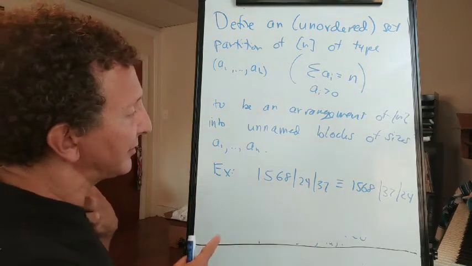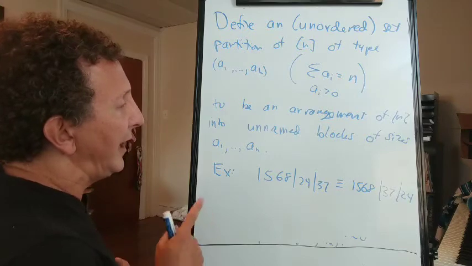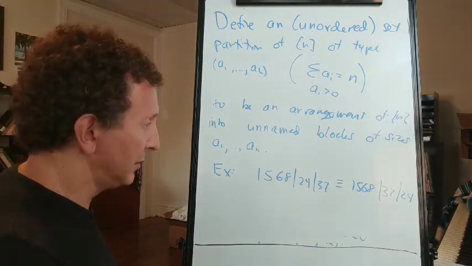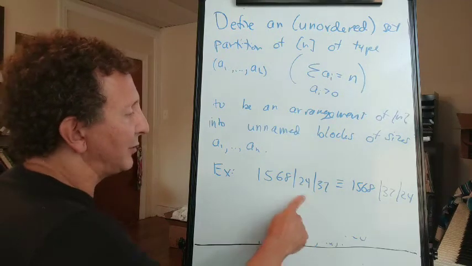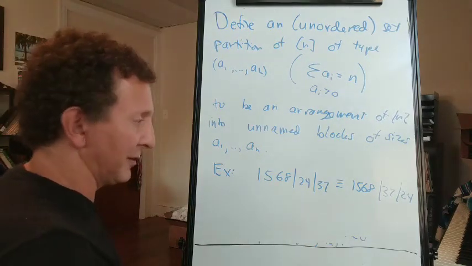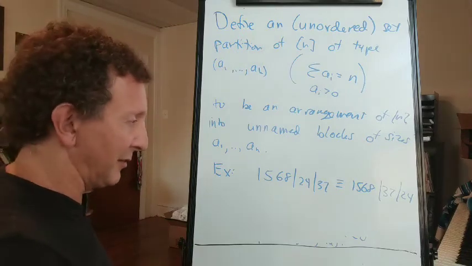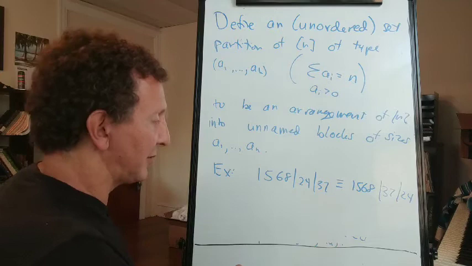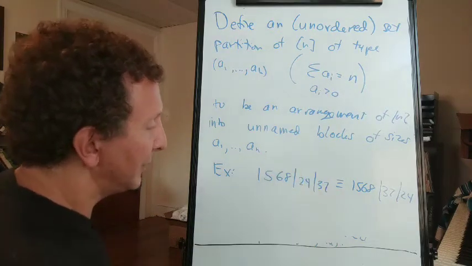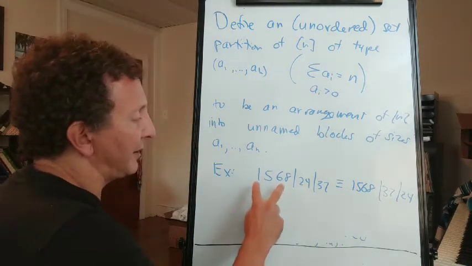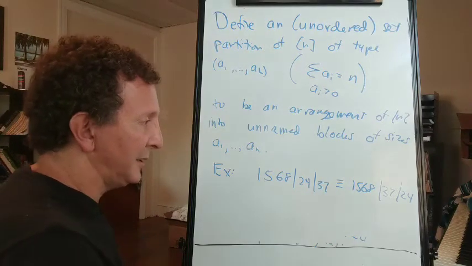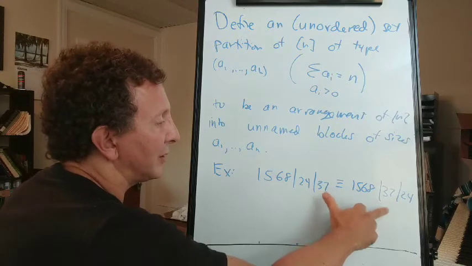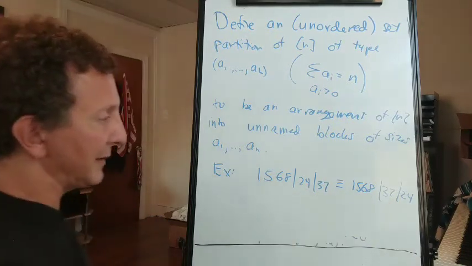Now to count these, we need to know how many different blocks have the same sizes as each other. We would never confuse the 2, 4 with 1, 5, 6, 8 because they're blocks that have different sizes. But if we permute all the n numbers, break them into blocks, and then divide by the factorials of the sizes, that doesn't account for the fact that we're considering these two arrangements to be the same.